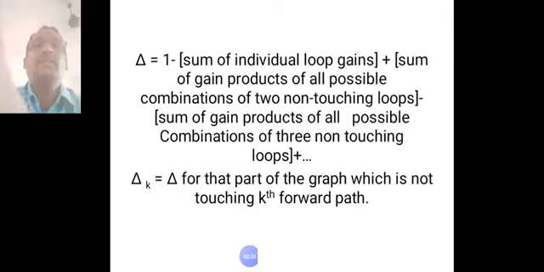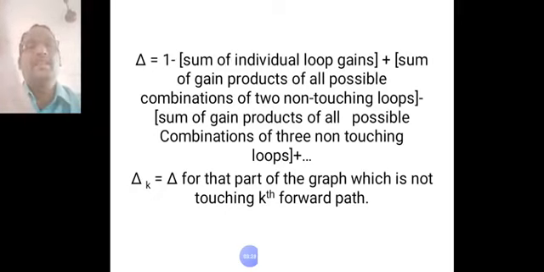Del is given by 1 minus sum of individual loop gains plus sum of gain products of all possible combinations of two non-touching loops minus sum of gain products of all possible combinations of three non-touching loops plus, etc. It goes on, with the plus and minus signs alternating repeatedly.